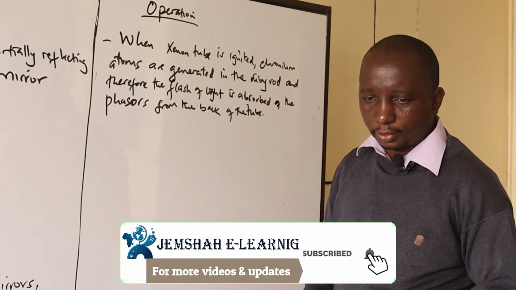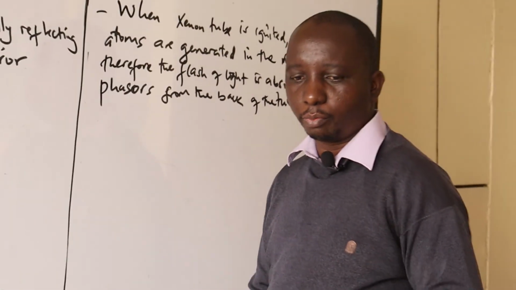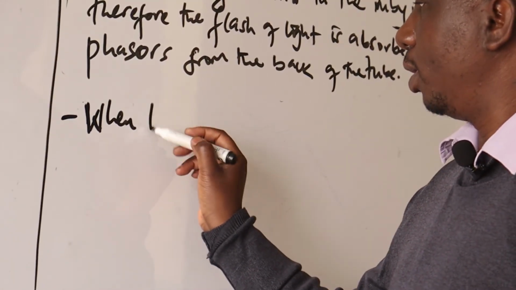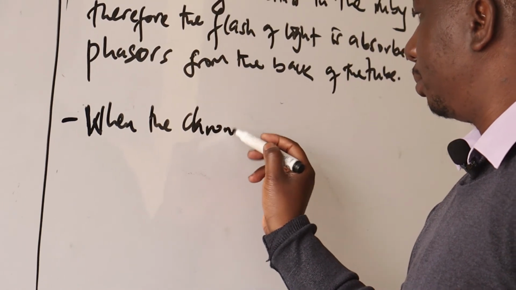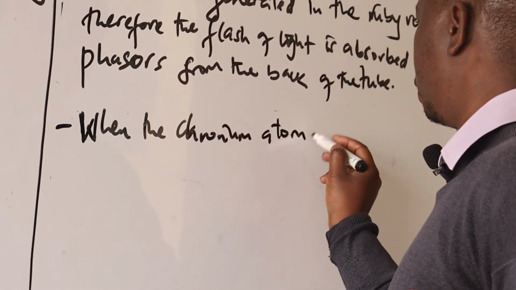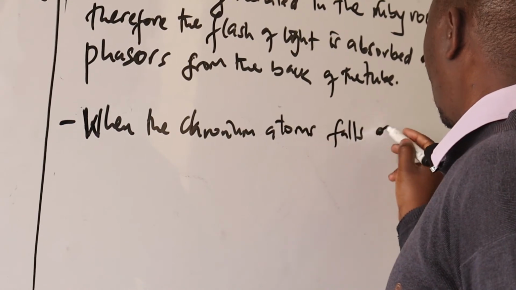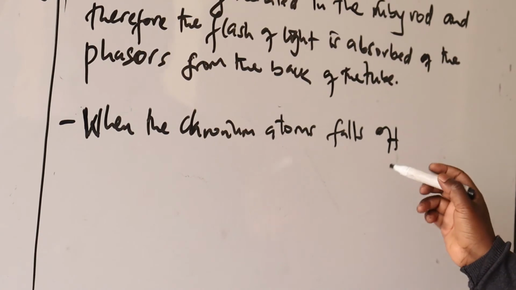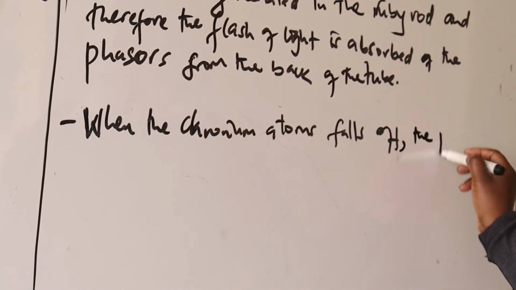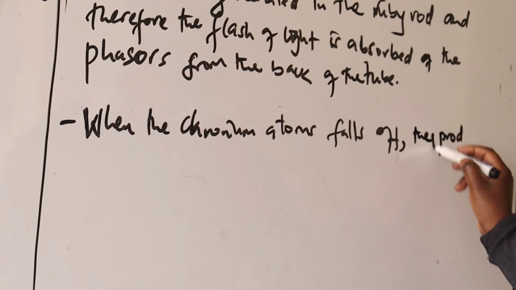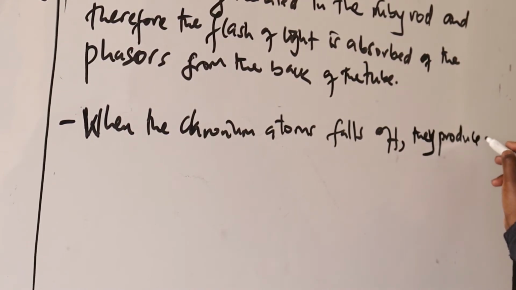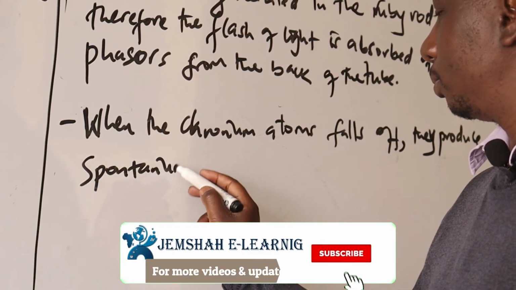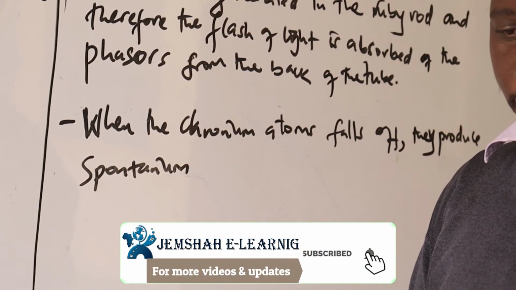Another thing, when the chromium atoms fall off, they produce spontaneous emissions.